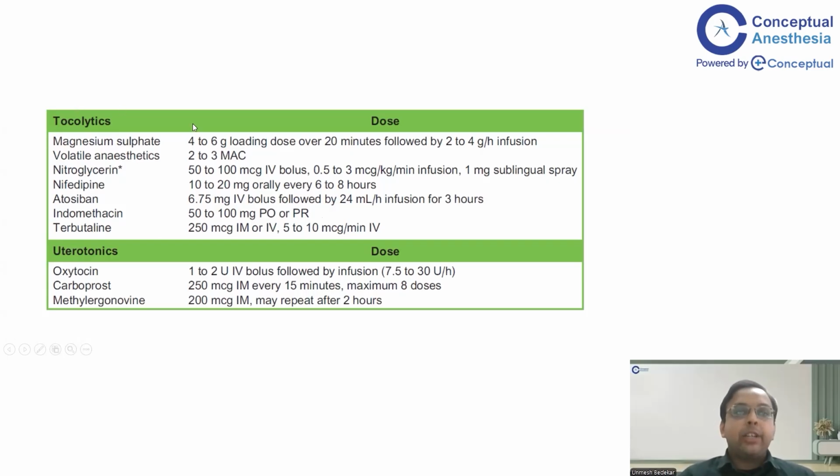After studying the dosing of tocolytics, when we come to uterotonics, which maintain the tone of the uterus: oxytocin 1 to 2 units IV bolus can be given, followed by an infusion of up to 30 units per hour. Carboprost can be given 250 mcg IM every 15 minutes, up to a maximum of 8 doses. And methylergonovine 200 mcg IM may be repeated after 2 hours.